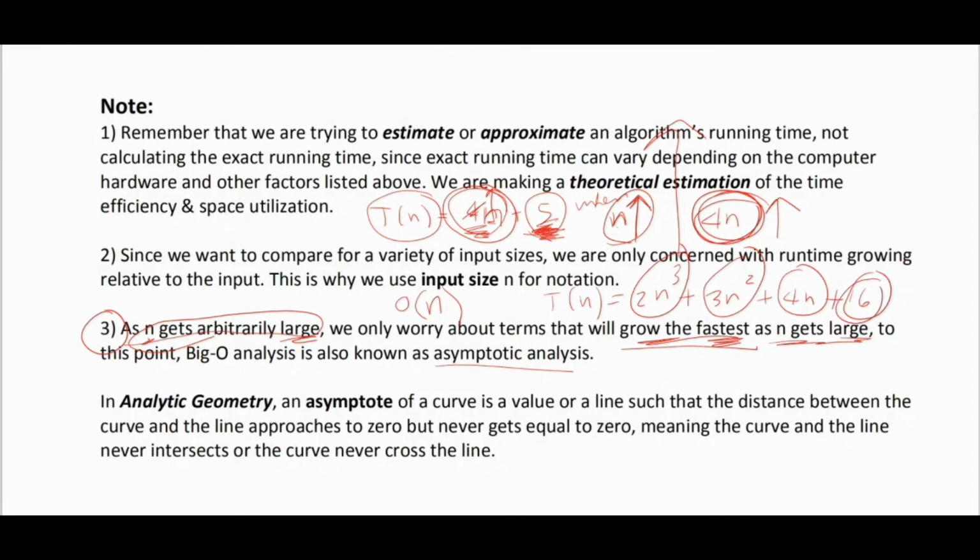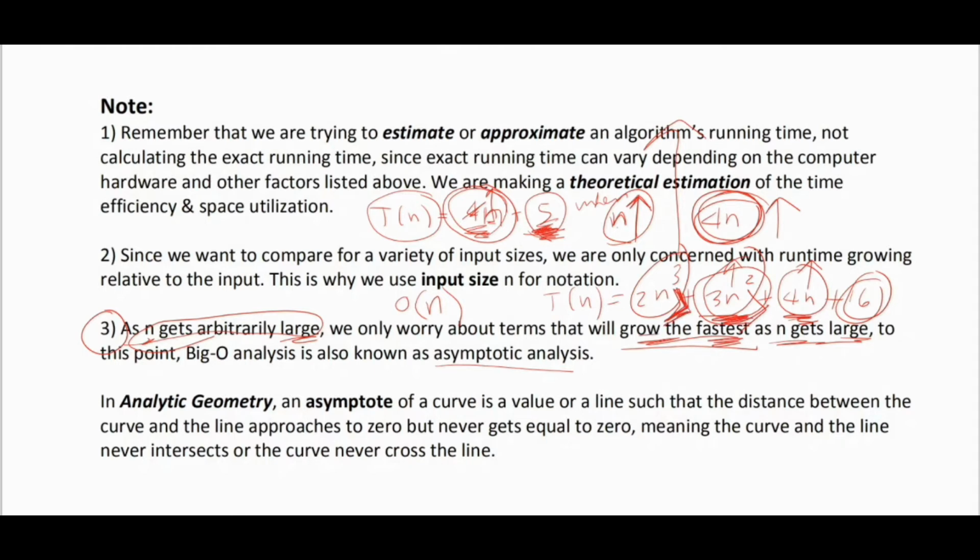This is constant, fixed. This grows but not as much as this one, right? So this grows larger compared to this one, but of course this term grows the largest compared to this term.